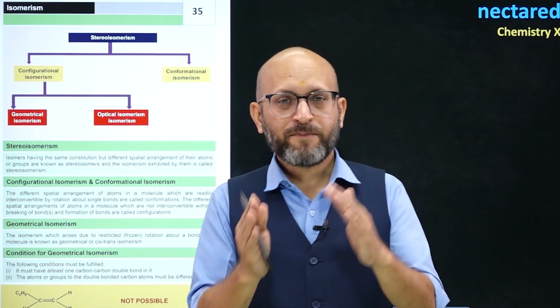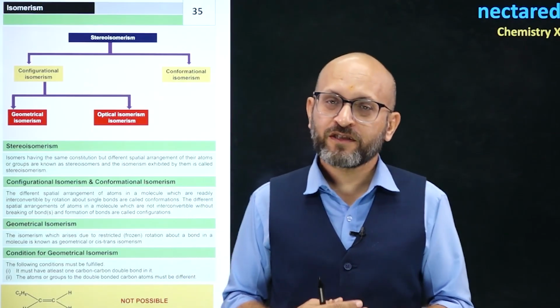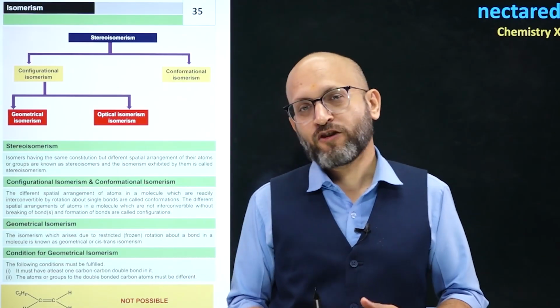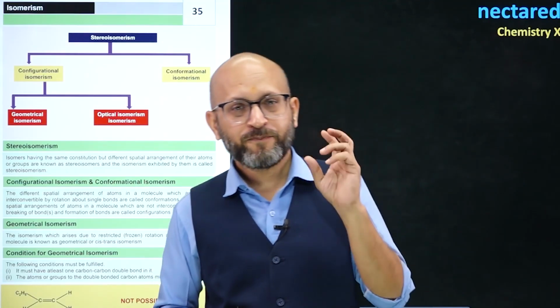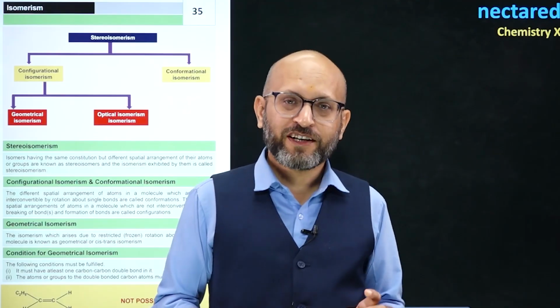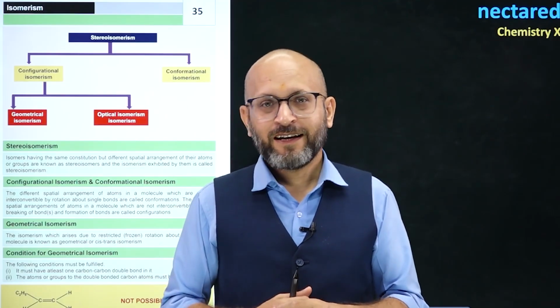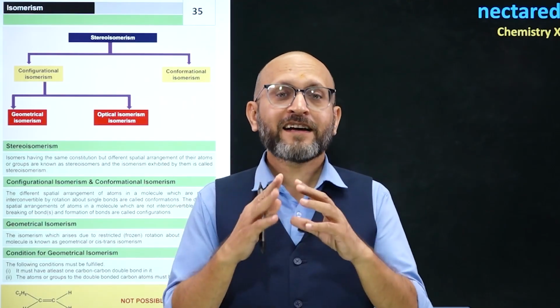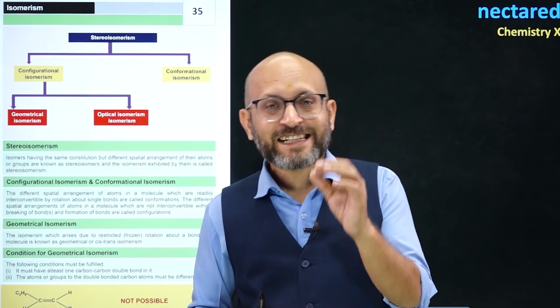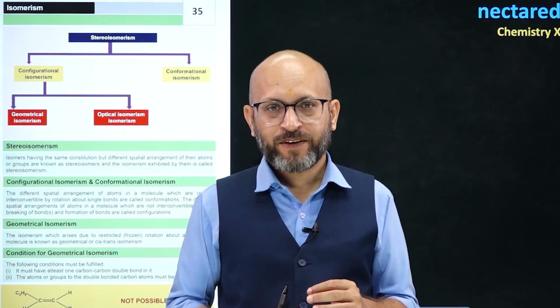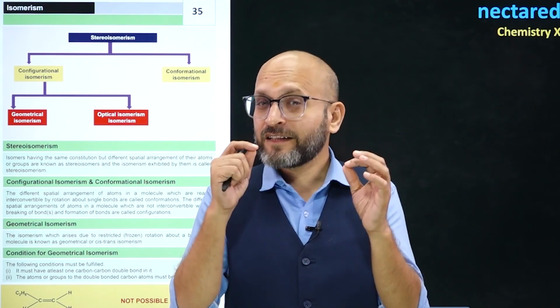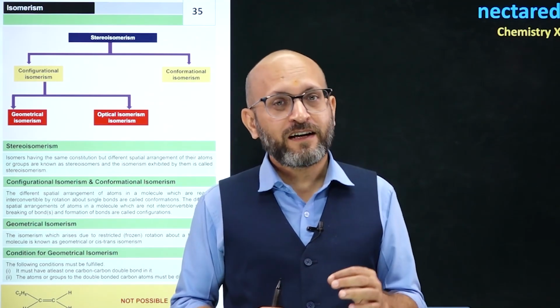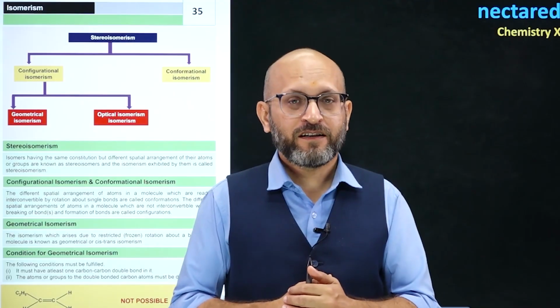Now we come back to configurational isomers, geometrical and optical. Configurational isomerism is where you have either geometrical isomerism or optical isomerism. Geometrical isomerism arises due to restricted rotation across a double bond. If you have a double bond between two atoms, the groups attached to the double bonded atoms must be different.